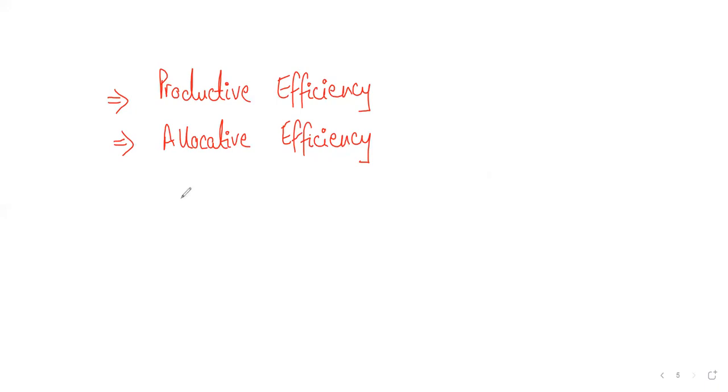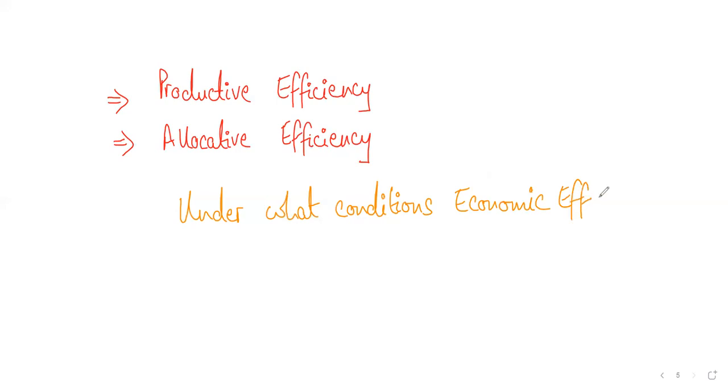So the next question that we are about to discuss is, under what conditions does economic efficiency exist, right? Now we are about to look at scenarios where economic efficiency exists. And similarly, after this, we will look at scenarios where economic efficiency doesn't exist, right?